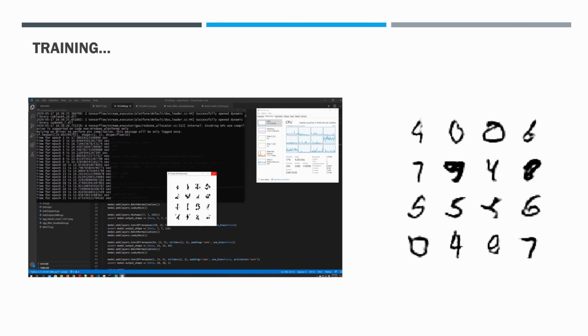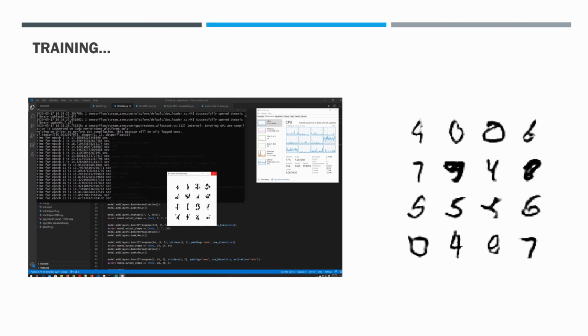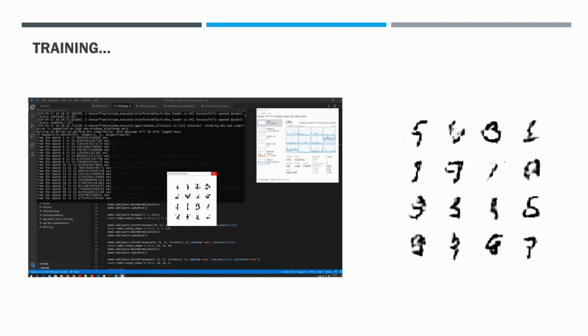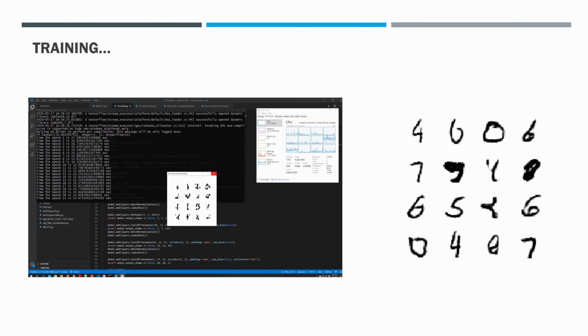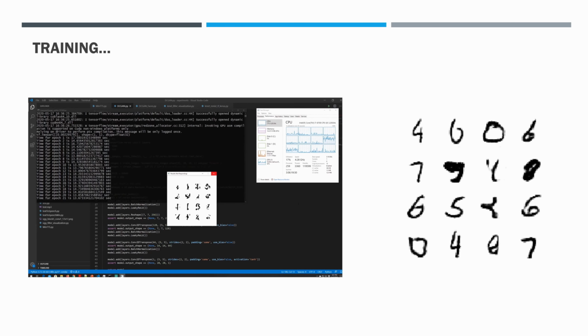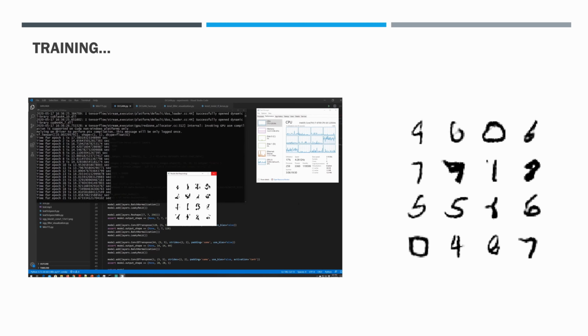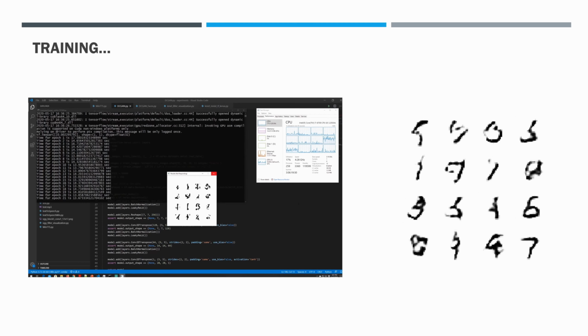Now, this sort of training, especially for GANs in general, takes a lot of time and would require many hundreds of iterations to get favorable results. Here you can see results of one such run with hundreds of iterations, and this took several hours on a moderate desktop machine.